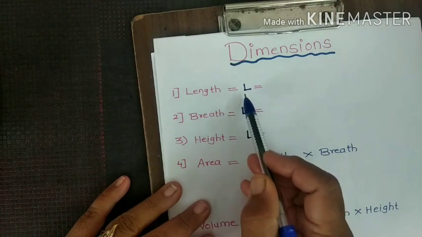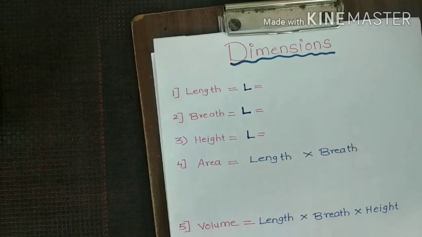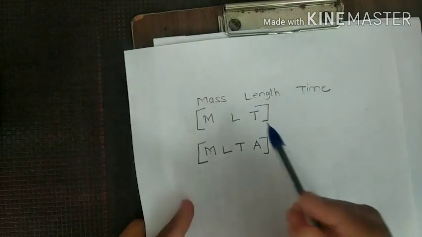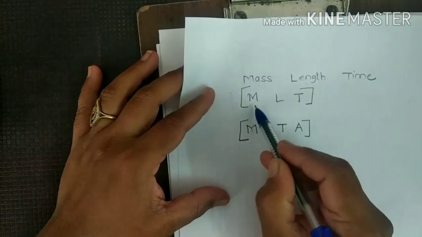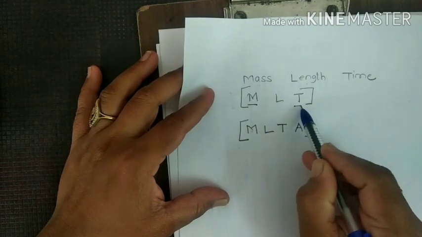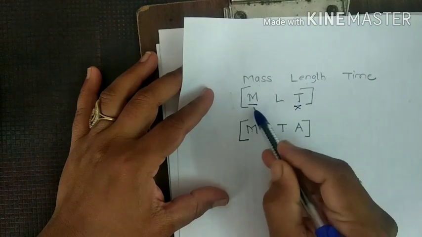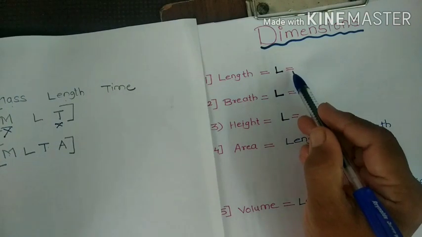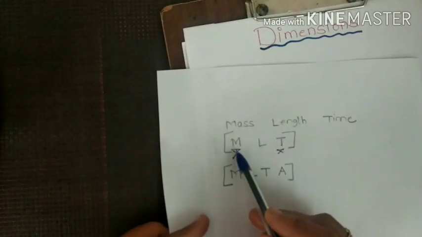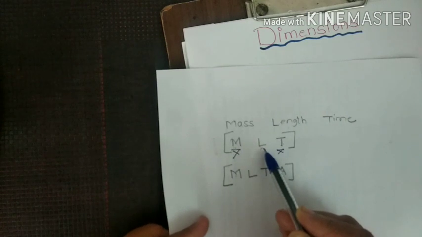Length is denoted by L. That means M and T become 0. There is no need of mass and time in terms of length. Here no need of mass and time. That's why only length is considered.